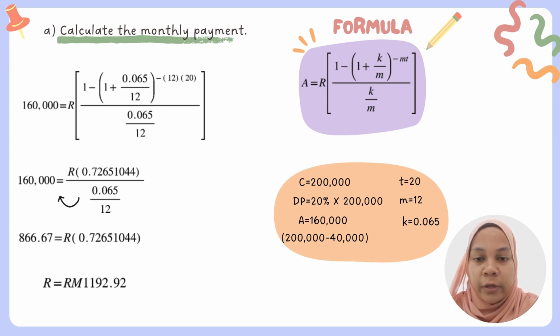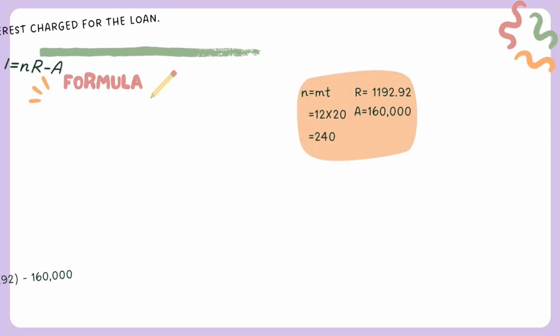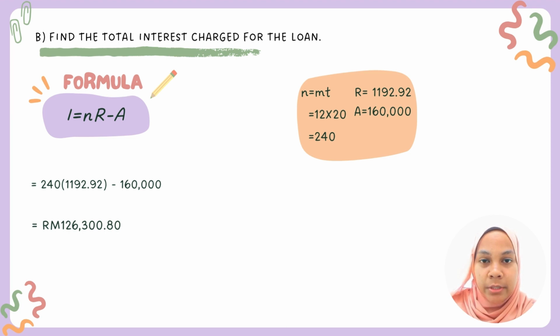K is 6.5%, so divide by 100 and you will get 0.065. So all the information, just substitute into the formula and you will get R, the final answer, is 1,192.92.